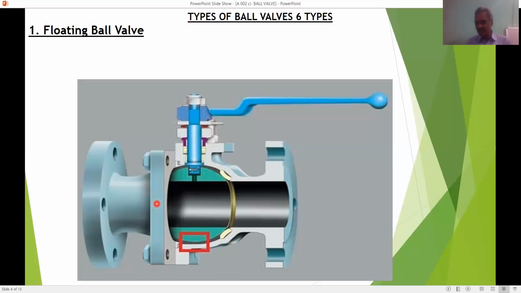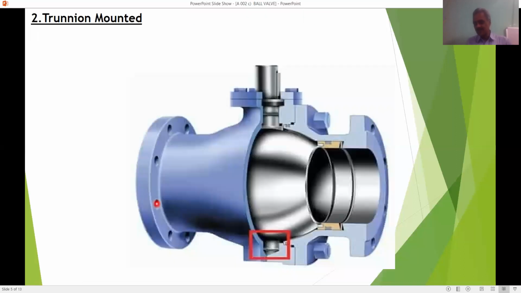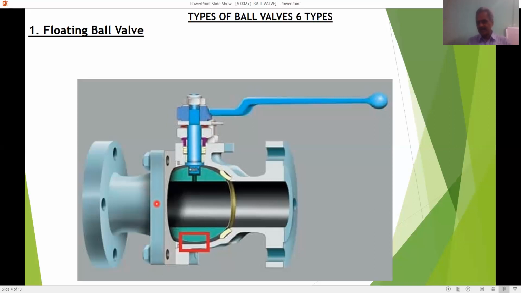This small lateral movement, in fact, produces a load on the ball that presses it against the downstream seat, which improves leak tightness of the valve.